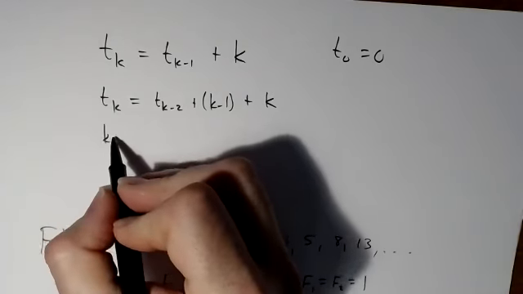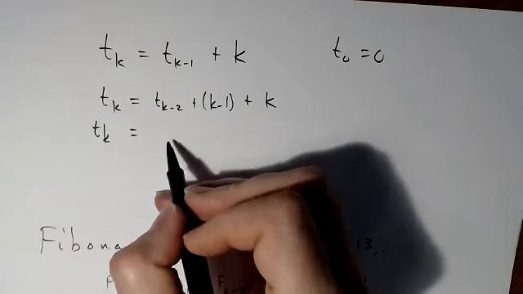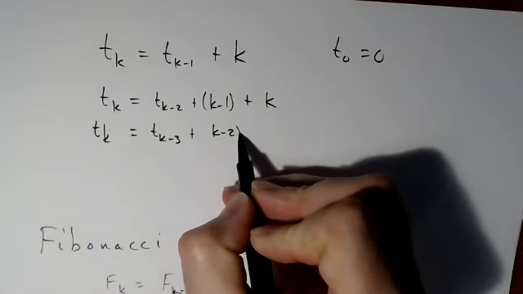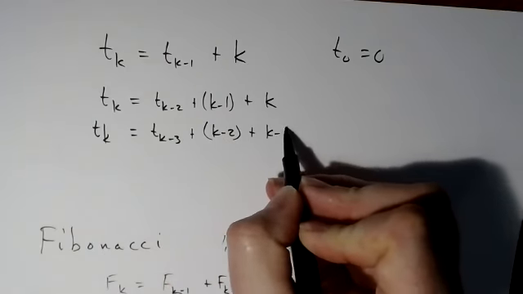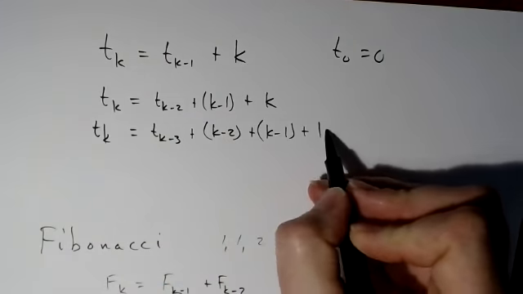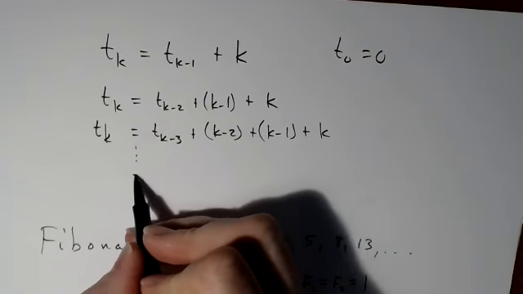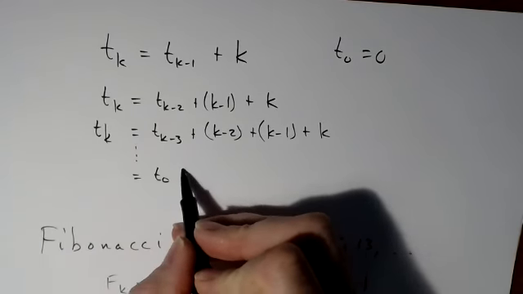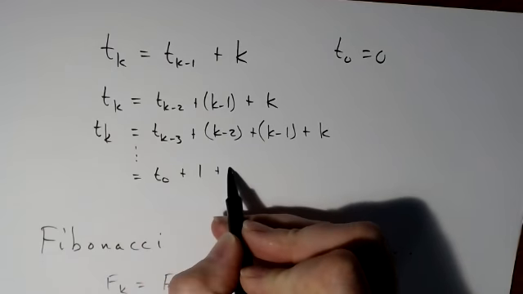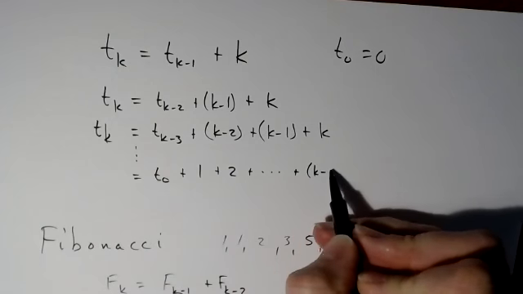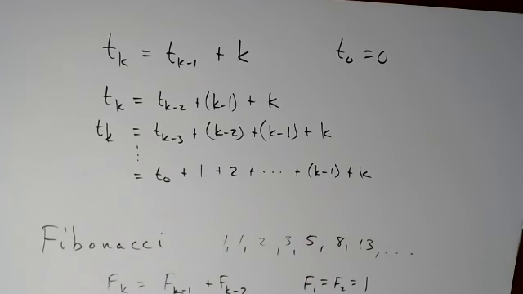If I do that again, I get t_{k-3} plus k minus 2 plus k minus 1 plus k. I'm going to do that until I have t_0 plus 1 plus 2 and so on, up to k minus 1 and then k.